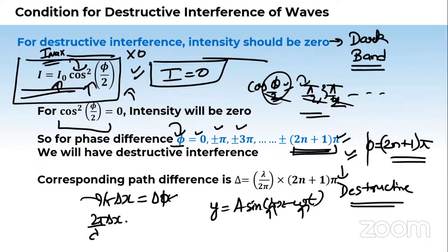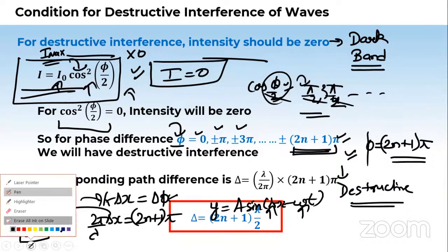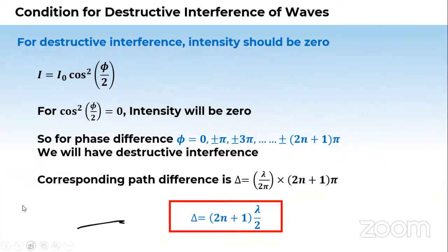This is the path difference. This delta phi is equal to (2n plus 1) pi here. Through this, you'll get the path difference. This is the path difference here, students: (2n plus 1) lambda by 2.